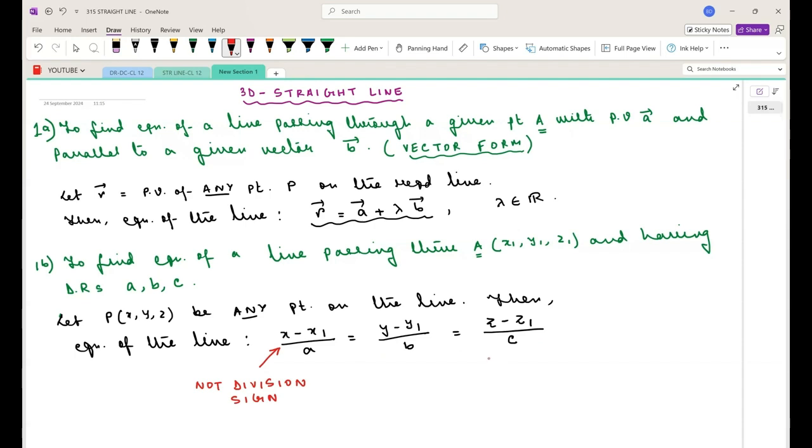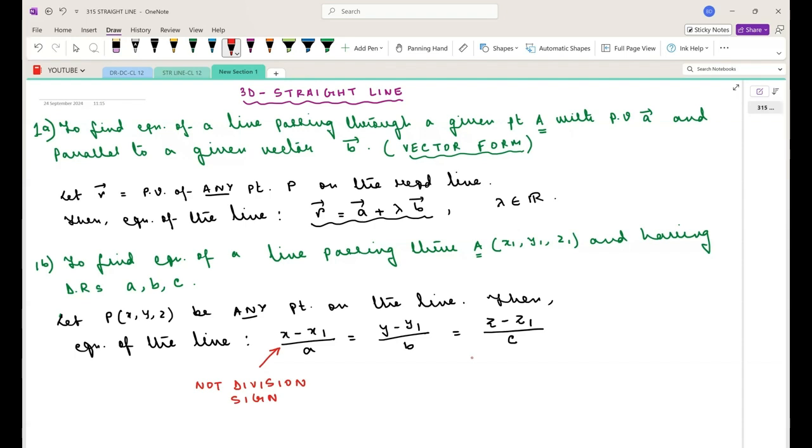Another thing is, if you compare the two cases, the given point part is similar in both. There is a little difference in the vector part. In the first case, a vector B was given, whose only job was to give us an idea about the direction of the line whose equation we will find, because it says that the line is parallel to B. That means it gives the direction of the required line.